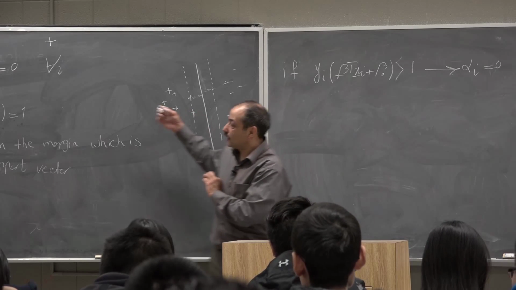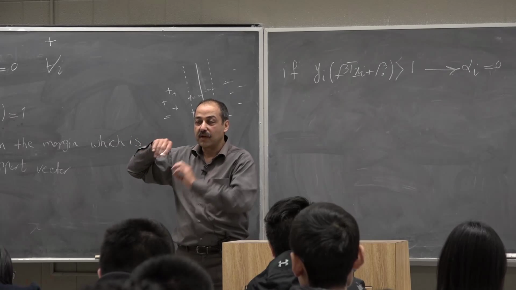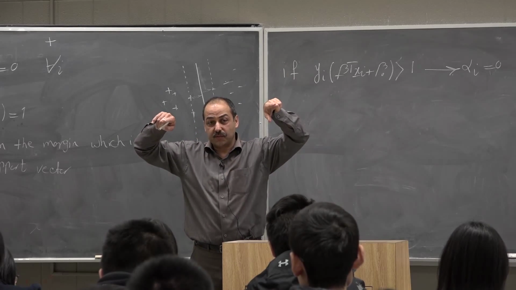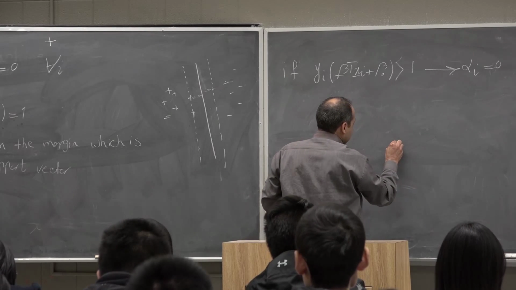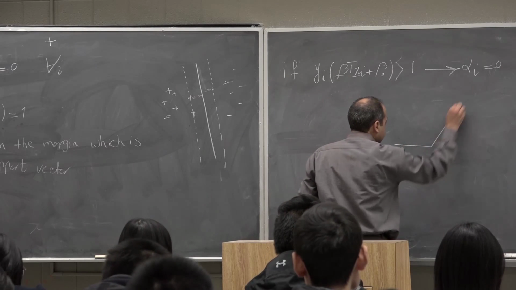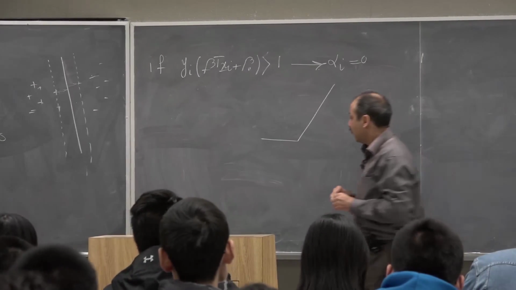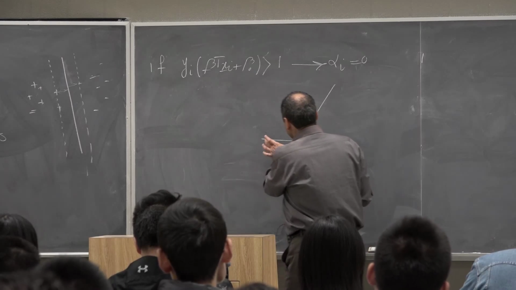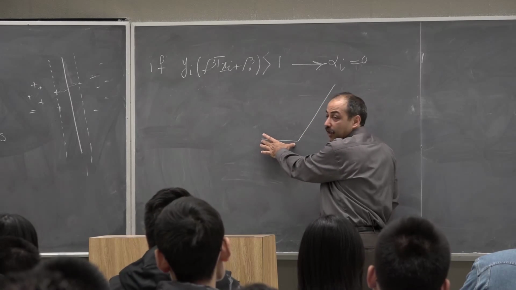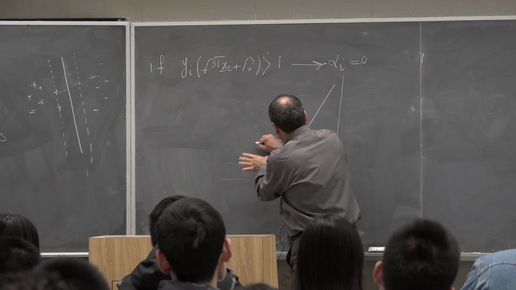When we do a soft margin, we can see it more clearly, the type of objective function that support vector machines minimize. It's like hinge loss. It means that up to some error, I'm not going to penalize you.